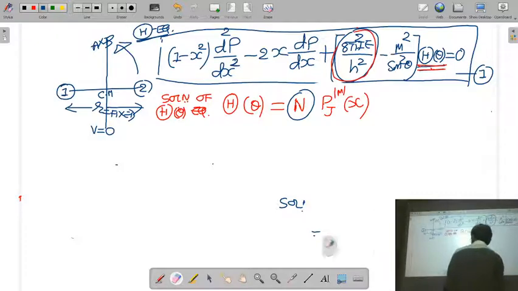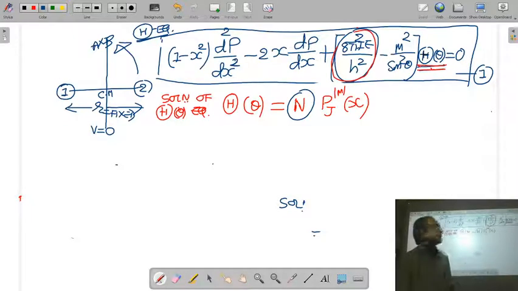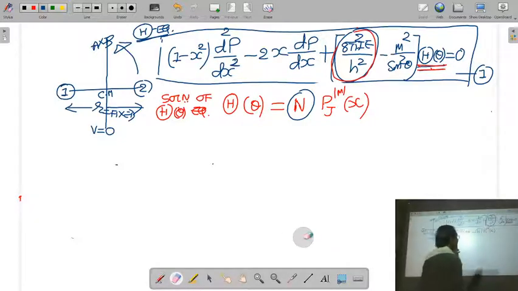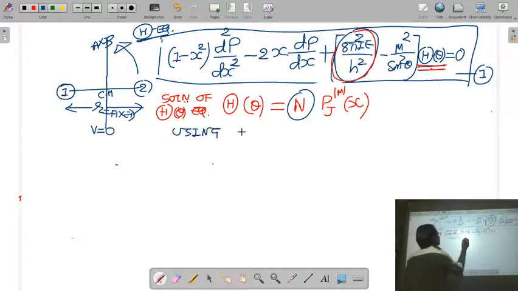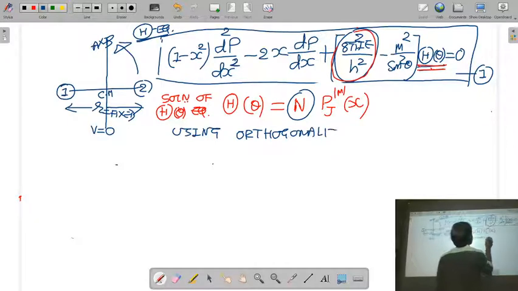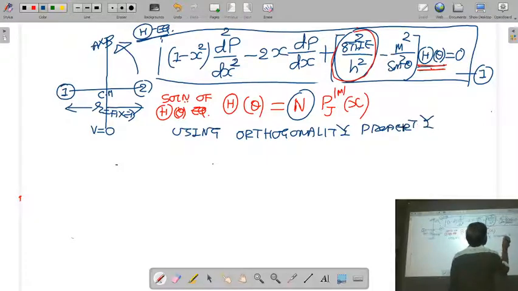So finally, we have identified our unknown polynomial. As I told you, theta was our unknown function, and that unknown polynomial is nothing but the associated Legendre polynomial. Now, in order to find the normalization constant N for the theta function, we will apply the orthogonality property of the associated Legendre function.